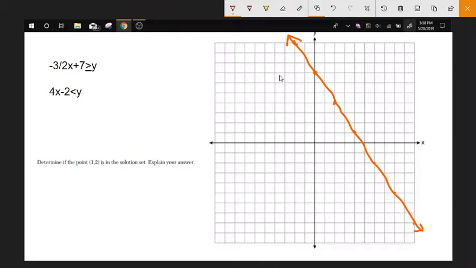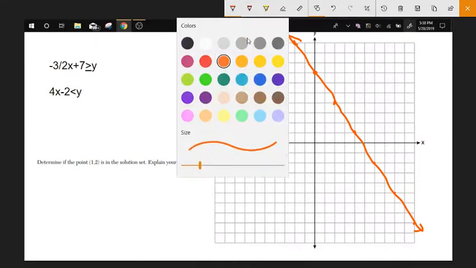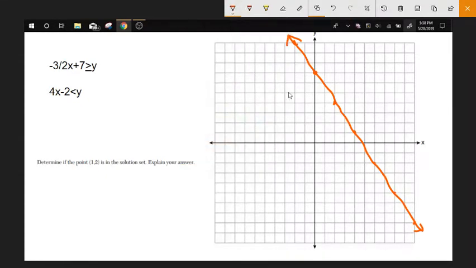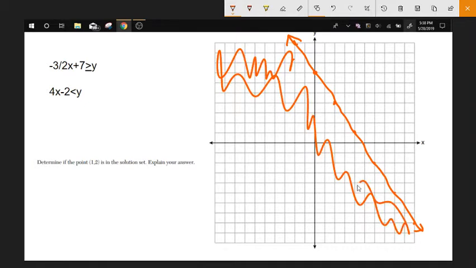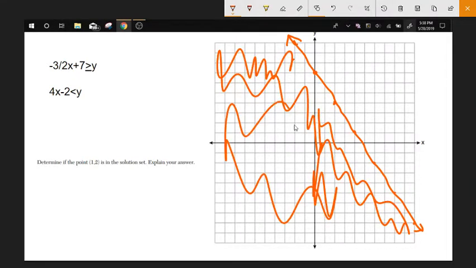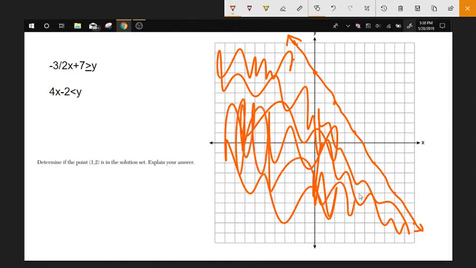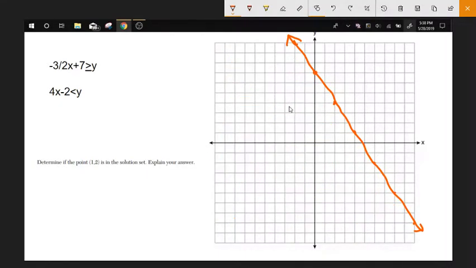And because y can be less than it, we're going to shade down for this one. Alright, or actually, let's do our shading after we make the other point.